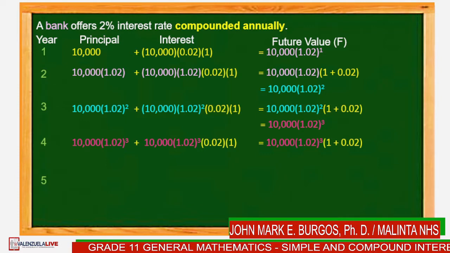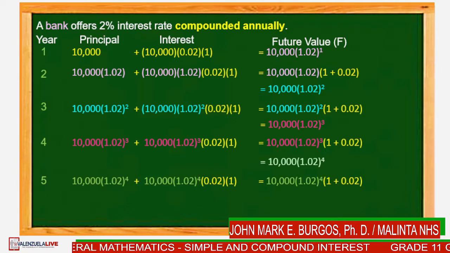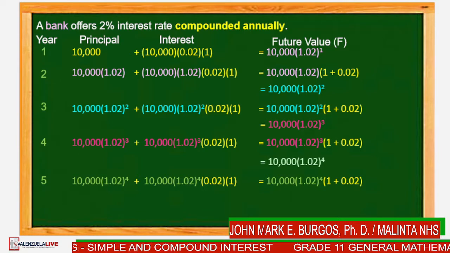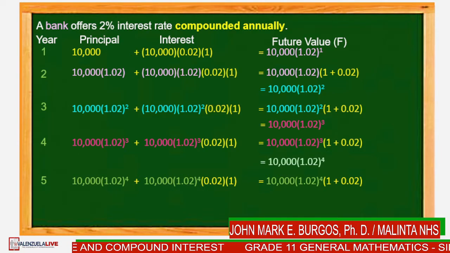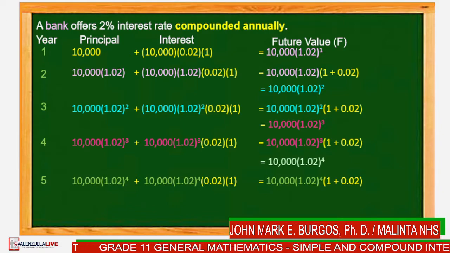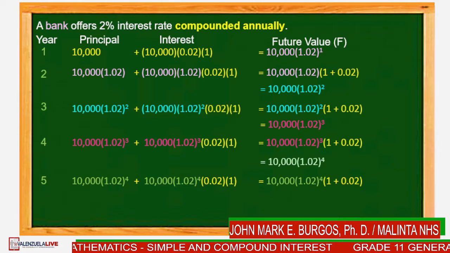For year 5, using the computed future value of year 4, the principal will be 10,000 times 1.02 raised to the power of 4, plus, for the interest, 10,000 times 1.02 raised to the power of 4 times 0.02 times 1.